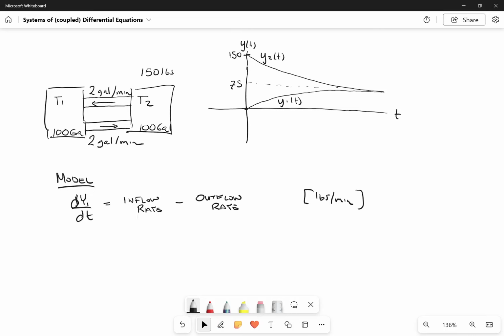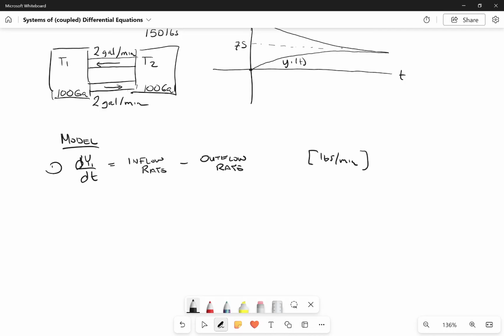And the same thing is true for tank 2. The rate of change of fertilizer in tank 2 is also the inflow rate minus the outflow rate. Now, we've got to look at our units. Again, this is in pounds per minute.